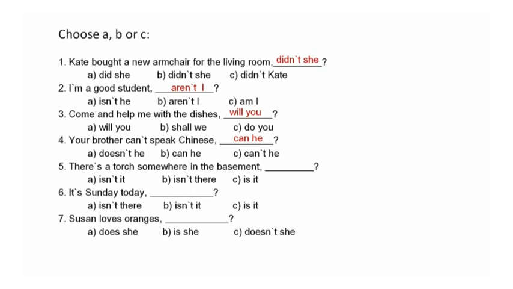Number 5. There's a torch somewhere in the basement. What is the correct question tag here? Is it A, isn't it? B, isn't there? Or C, is it?